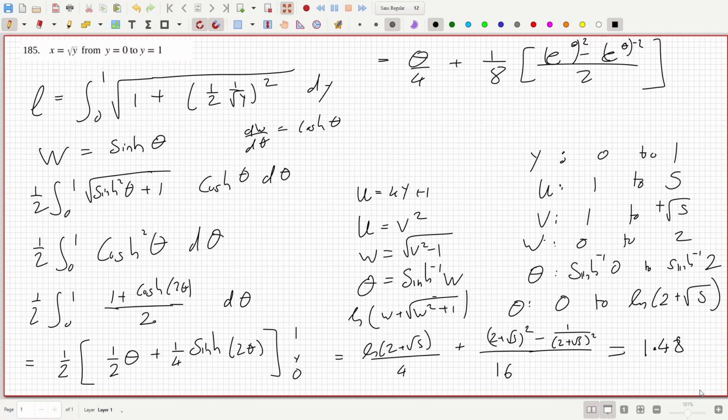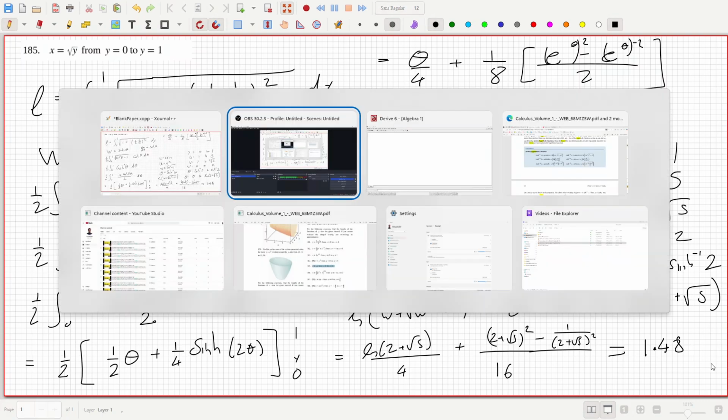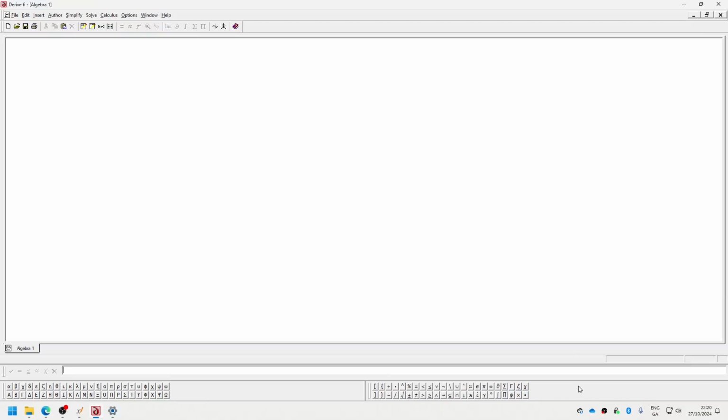So maybe if I was to use some actual math software instead of just a simple Casio, let's see, what is it now? Square root 1 plus a half, and then y power minus a half, and then that needs to be squared.